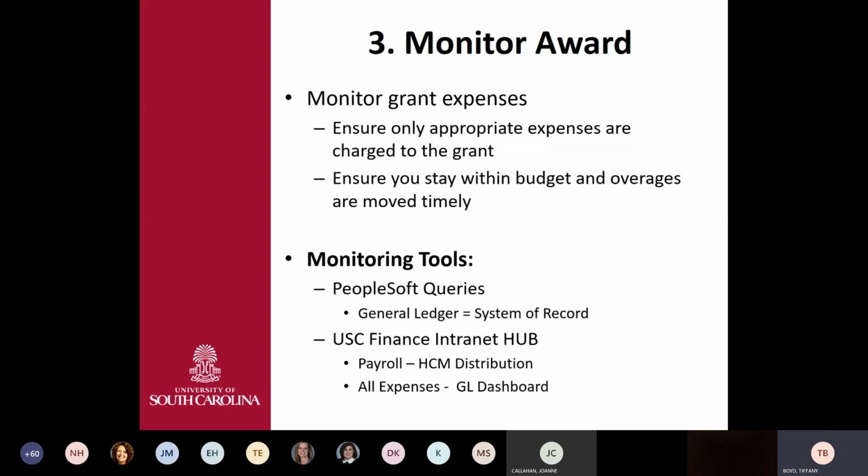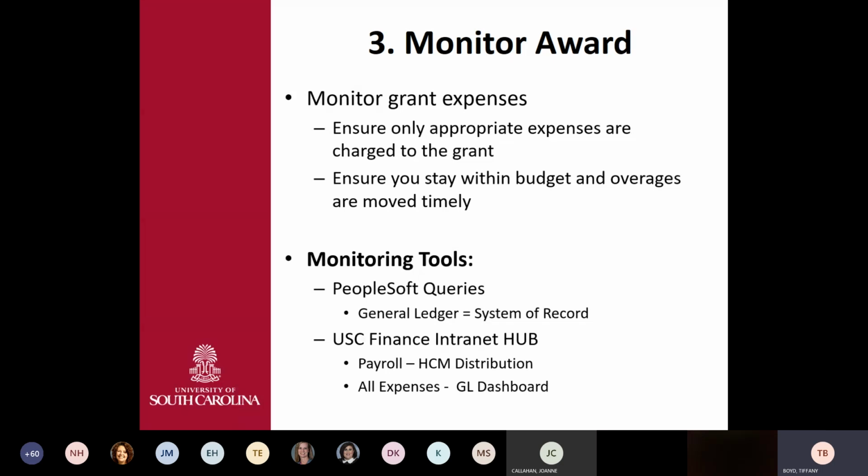So if somebody hasn't submitted their purchase card, and as a result, it has not made it to the general ledger, we can't include that expense. So it's really important that you remember that the general ledger is the system of record, and if it hasn't posted and hit the general ledger, we can't include that expense.